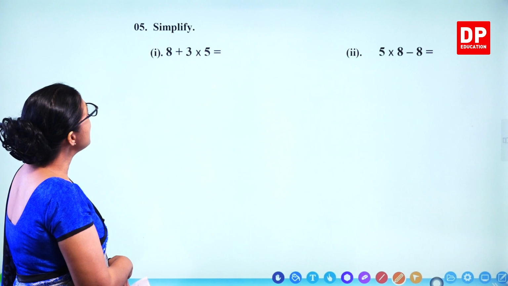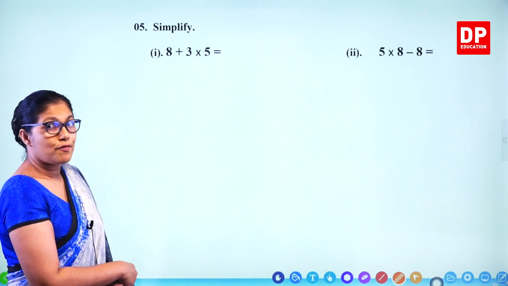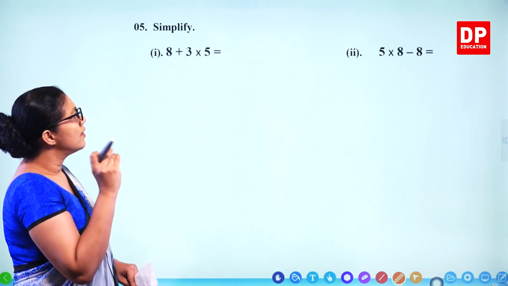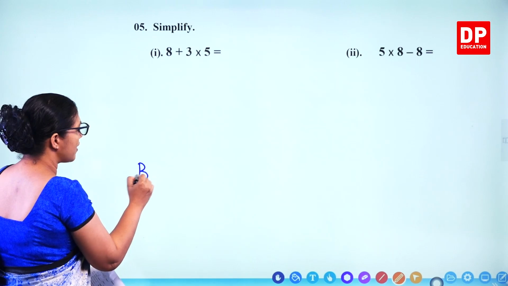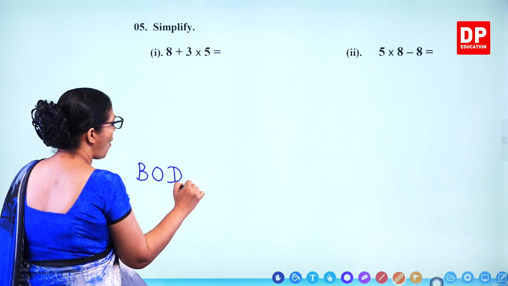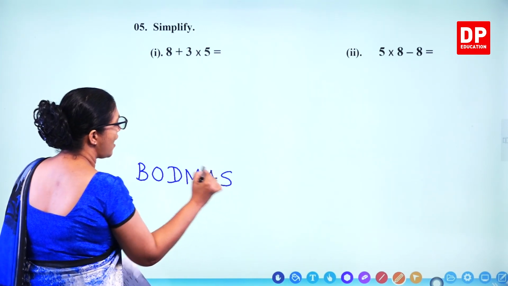Question number 5, simplify. You have to use BODMAS when you start from the left. According to BODMAS, brackets first, then order, division or multiplication, and then addition or subtraction.